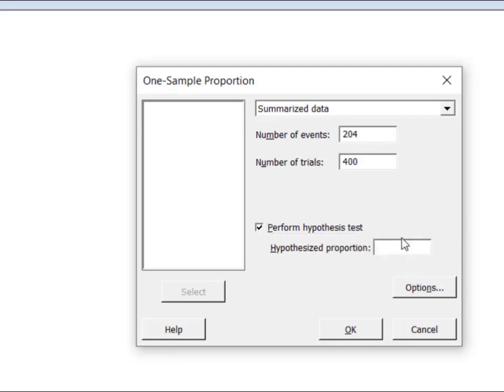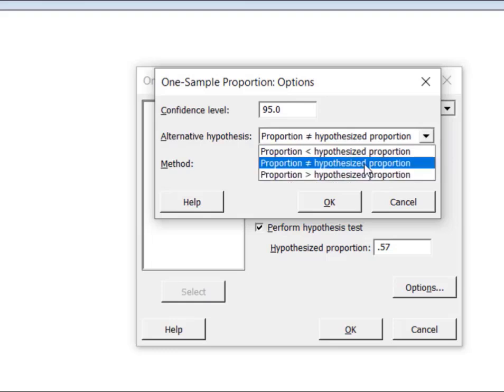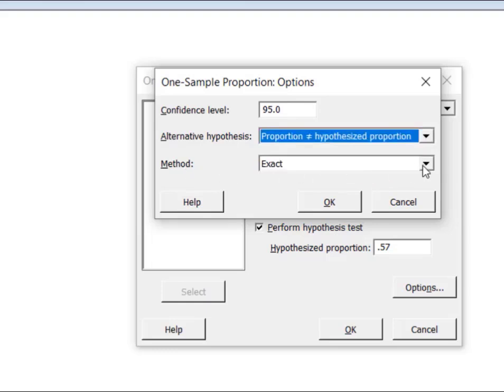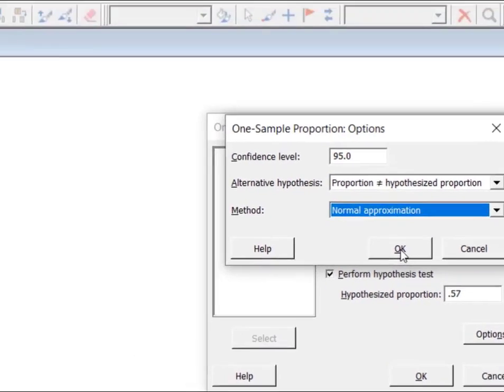The hypothesized proportion was 57%. Now in options, we need to make sure that our confidence level is correct. Alpha was 0.05. That makes confidence level 95%. Our alternative hypothesis, remember we have a choice here, was not equal to. And for our method, we're going to use normal approximation.